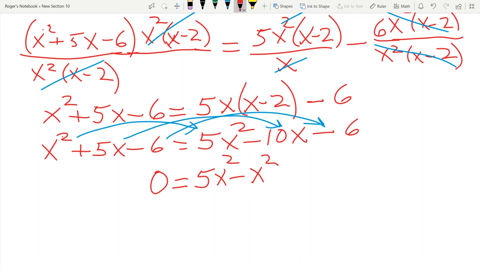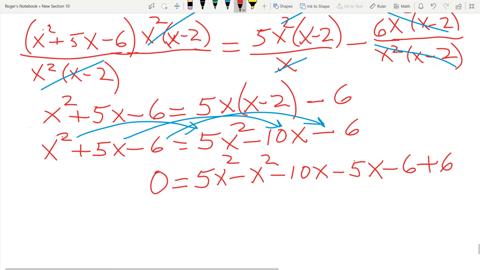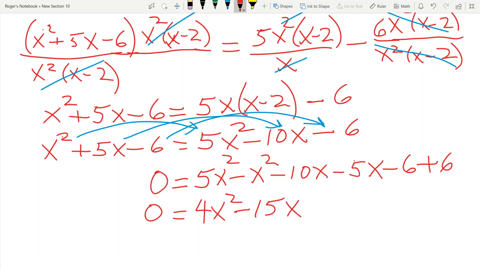So 5x squared minus the x squared, minus 10x, minus the 5x, minus 6, and then plus 6, and they cancel each other out. So in the end, I have 0 equals 4x squared minus 15x, and these two have canceled each other.